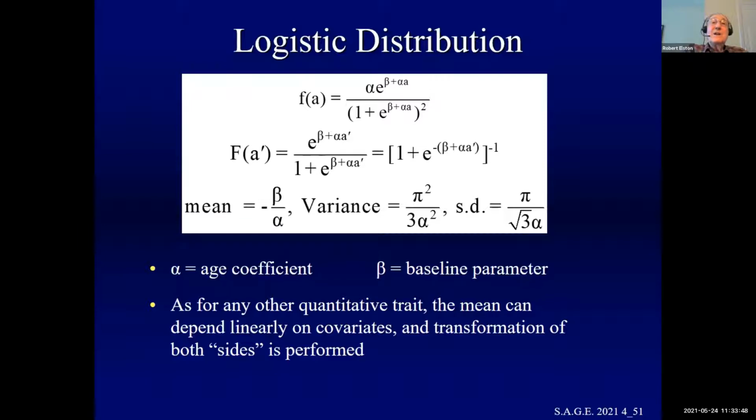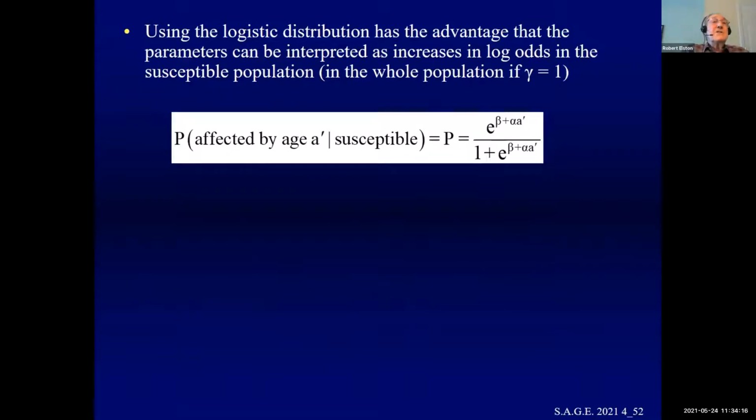Transformation at that point is unnecessary. If you have a binary trait and you assume that it is logistically distributed, then you just don't have to worry about transformation. And that was a paper that came out about 10 years ago. Very interesting paper.